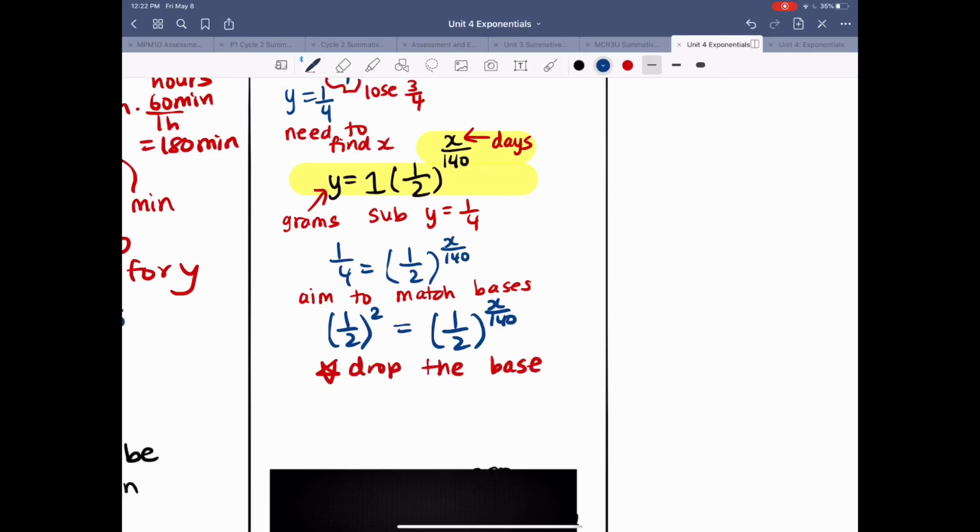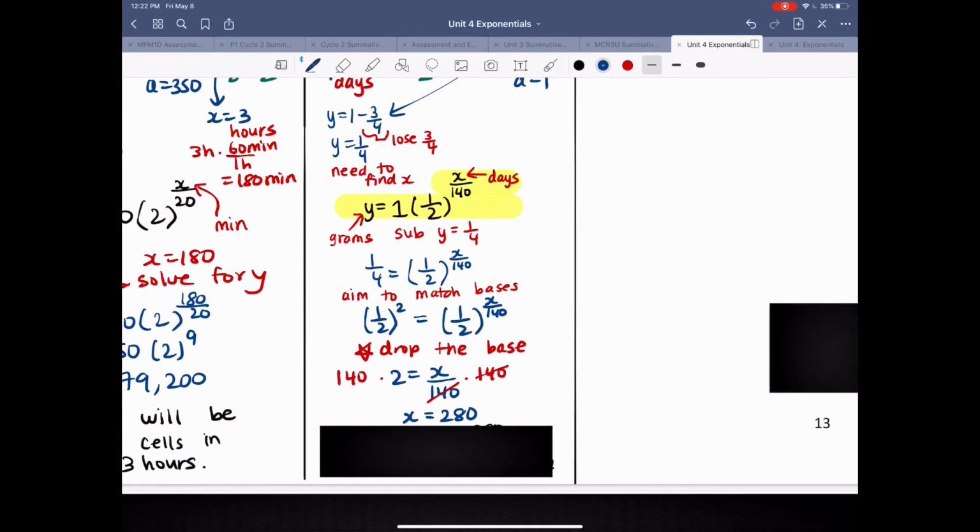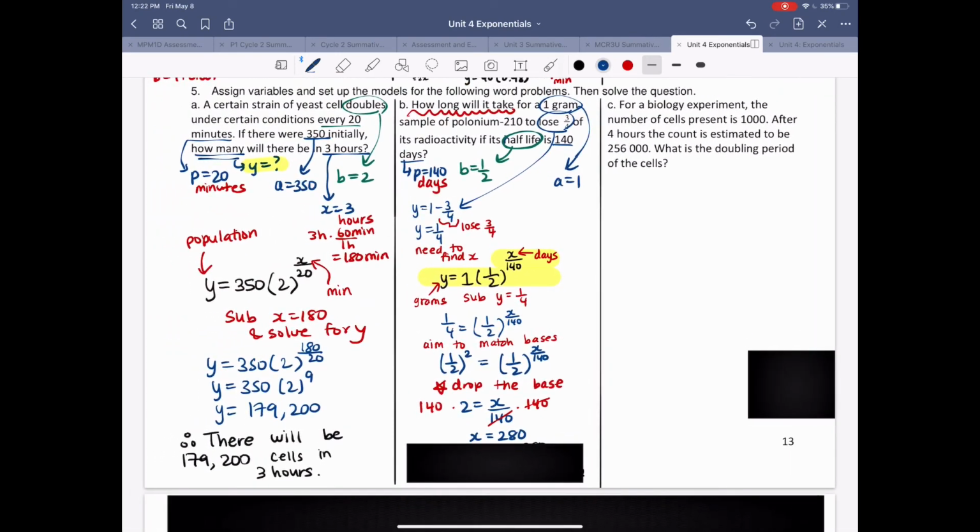And just let the exponents equal, so it's 2 equals x over 140. And that is simple algebraic work, and I can now just get finally the x by itself, and x is equal to 280. And since it's a word problem, we have to go back to what we did, and basically it took 280 days for this polonium-210 to lose 3/4 of its radioactivity.